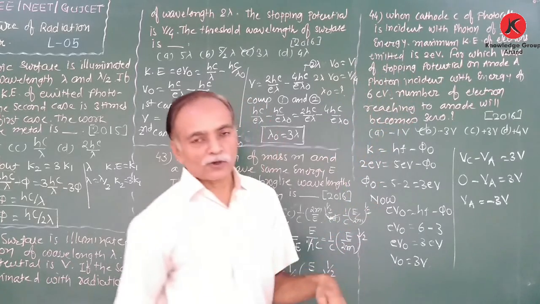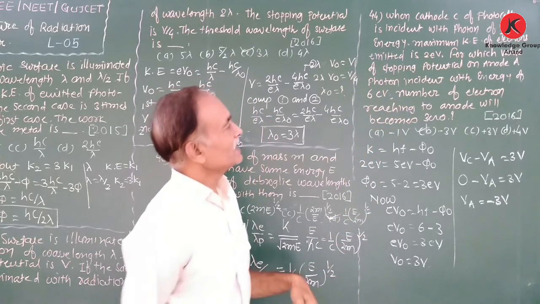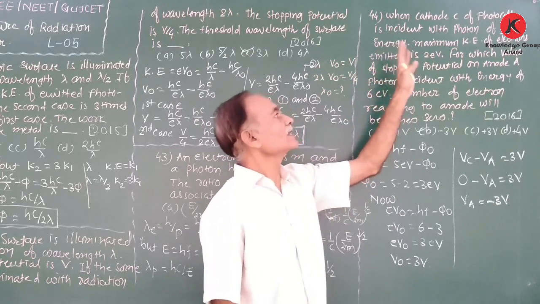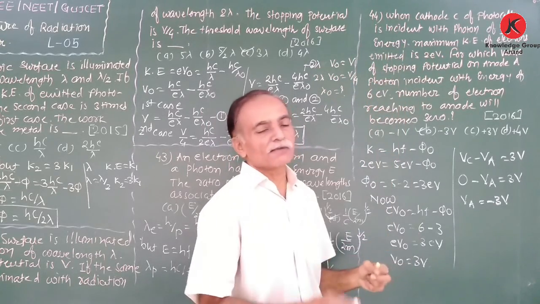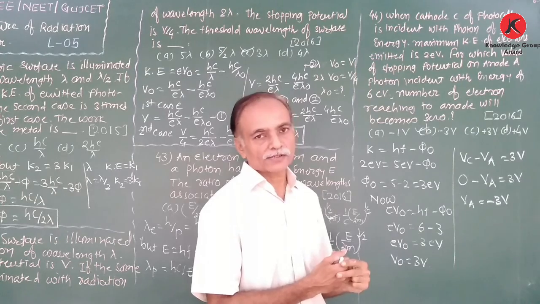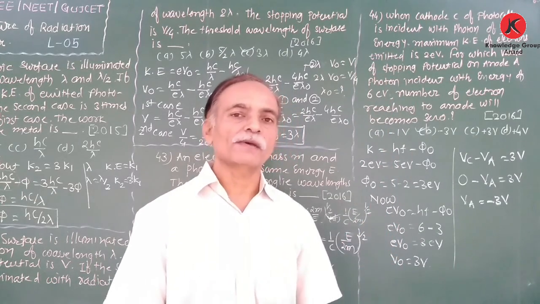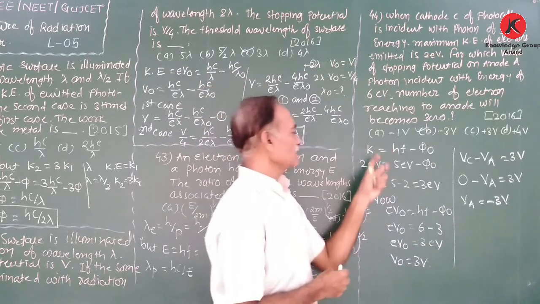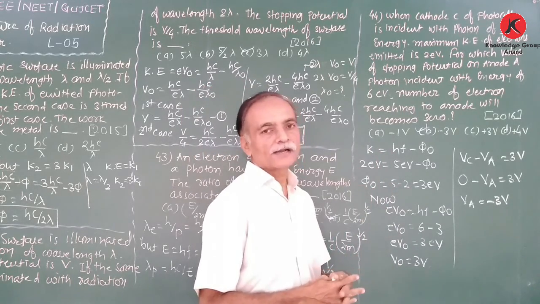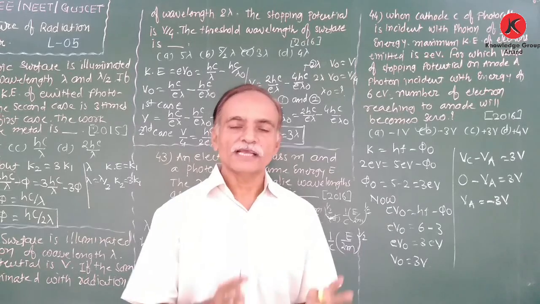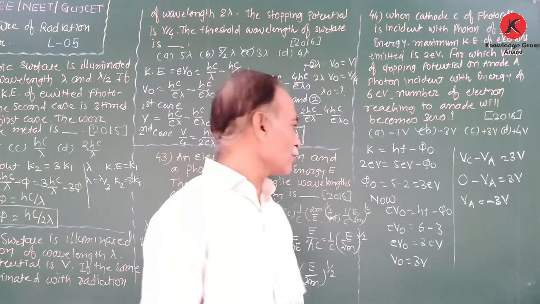Again, this photocell is incident with photons of 5 electron volt energy. At that time, the maximum kinetic energy is 2 electron volt. By using this concept, first we find out the work function of the given metal. Now, the energy of the incident photon is 6 electron volt.